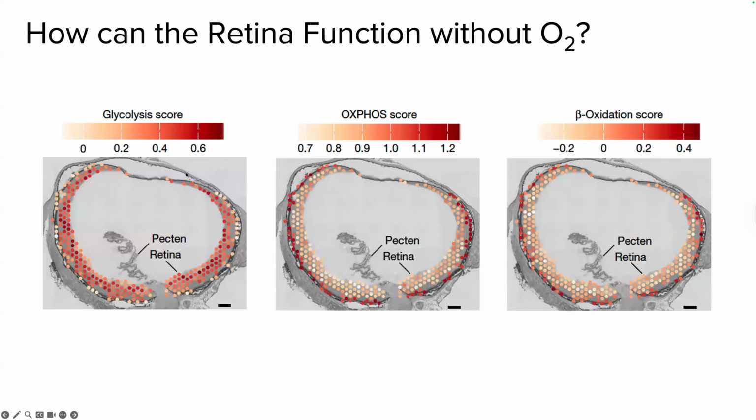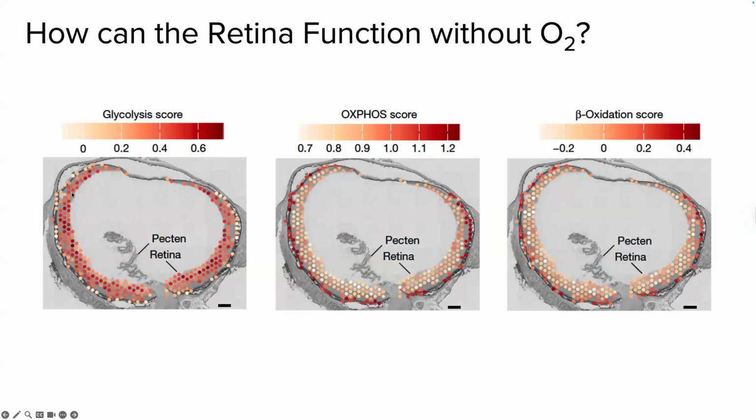Initially we took the major pathways for energy production. Within each of the gene expression spots, we calculated the overrepresentation of all the genes associated with, for example, glycolysis compared to the rest of the transcriptome in that spot. So we could see where a specific pathway is overrepresented in tissue space.